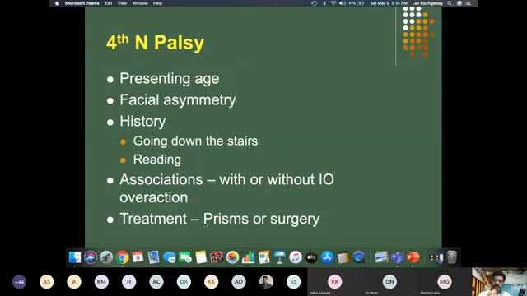And if that is not helping, then surgery may be required. And in surgery, the decision is based on two factors. One is inferior oblique, whether it is overacting or not, and second is whether there is laxity of the superior oblique tendon, that we get to know from the FDT, what we do on the table.